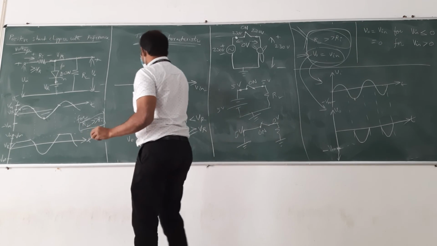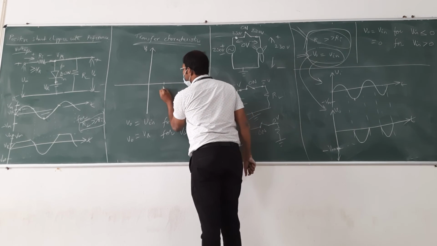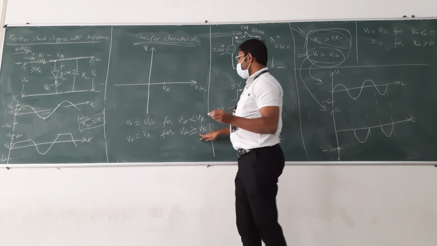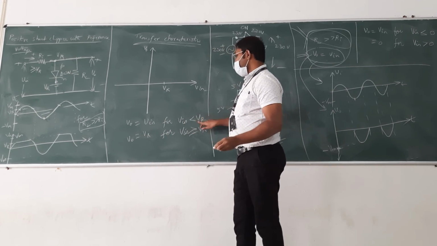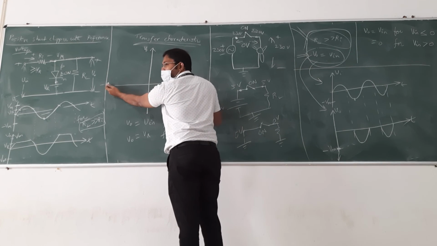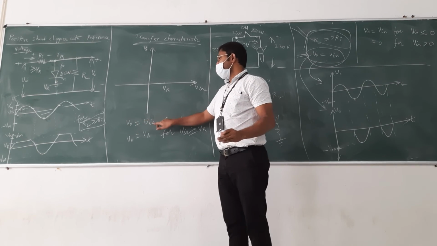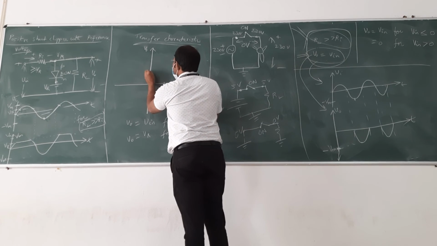Now how will we plot this? Take Vin and Vr. As long as Vin is less than Vr, what is the relation? V0 is equal to Vin. So V0 and Vin are the same.